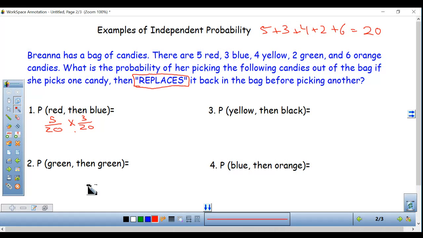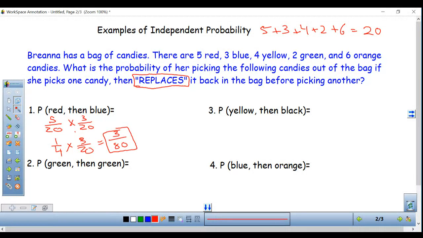And I can simplify 5 over 20, and that is going to make 1/4. So 1/4 times, I cannot simplify 3 over 20. Gives me 1 times 3 is 3. 20 times 4, 4 times 20 is 80. I have a 3 out of 80 chance to pick red and then blue.